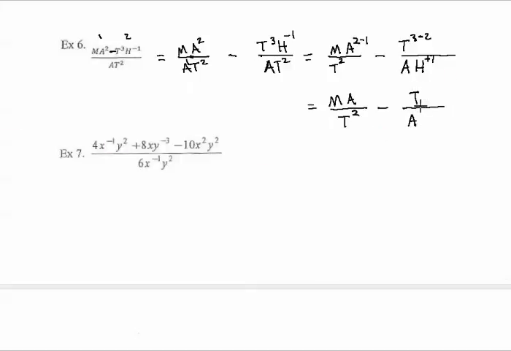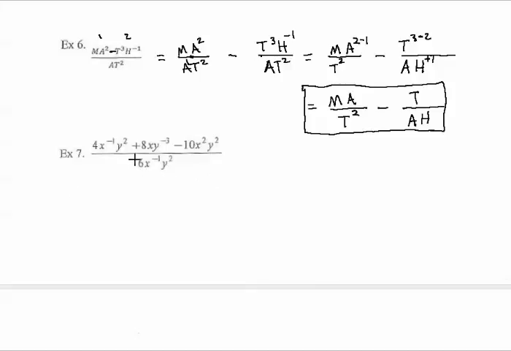A is okay, and then now our h has a positive 1 for an exponent, so we can just simply drop the 1 and write an h in the denominator. And here we have our simplified version of example 6.